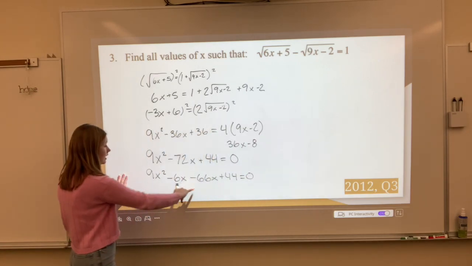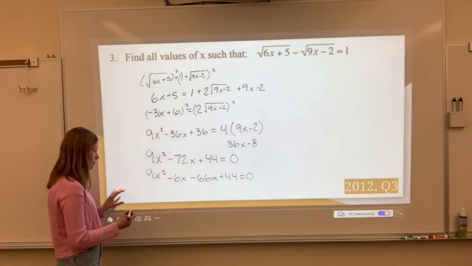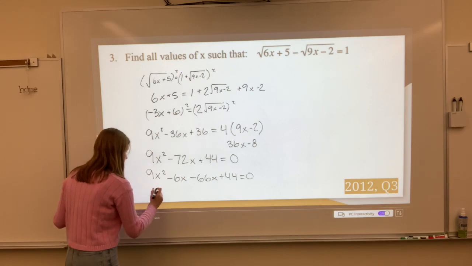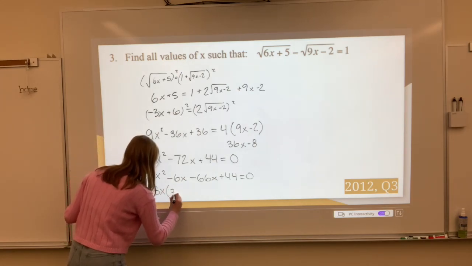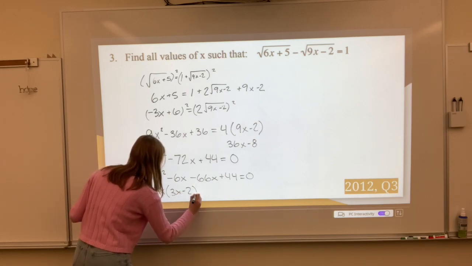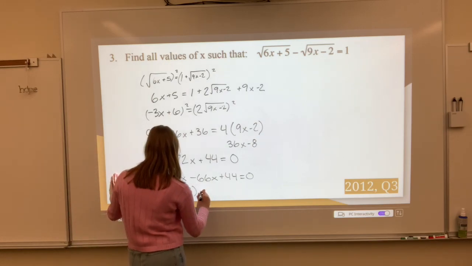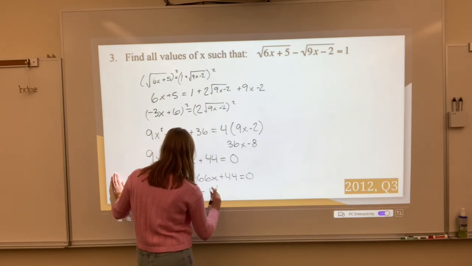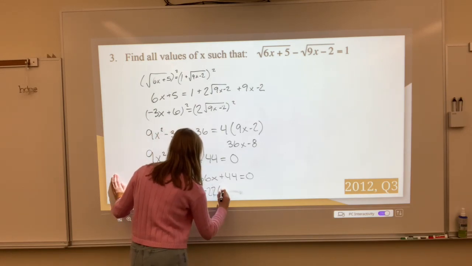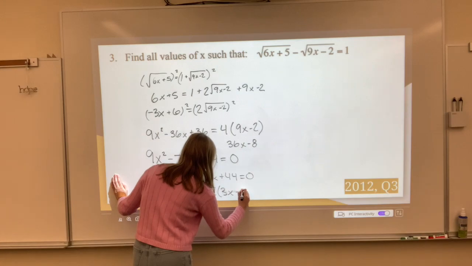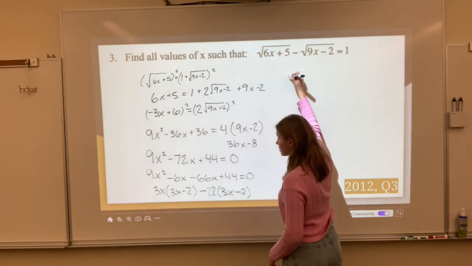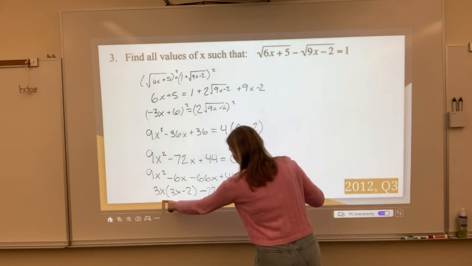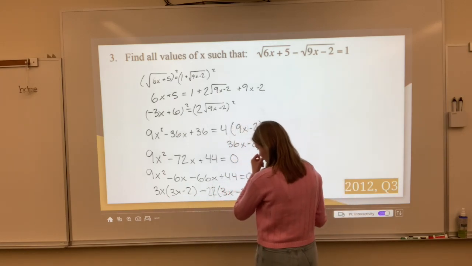So negative 6 and negative 66 are the numbers that we want. We factor out the 3x over here, 3x times 3x minus 2. And then over here, negative 22 times 3x minus 2. So we have our factors. It's going to be 3x minus 22 and 3x minus 2.